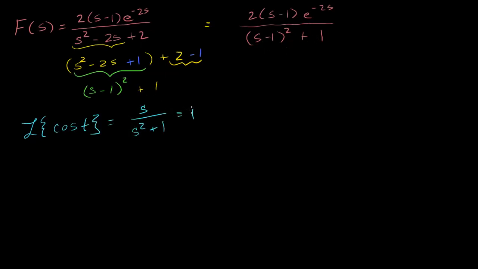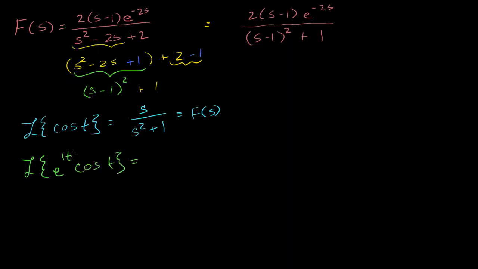If this was f of s, then what is this? Well, let's ignore this guy right here for a little bit. From the last video, we saw, what if we took the Laplace transform of e to the t times cosine of t?